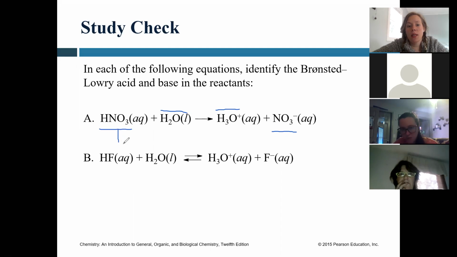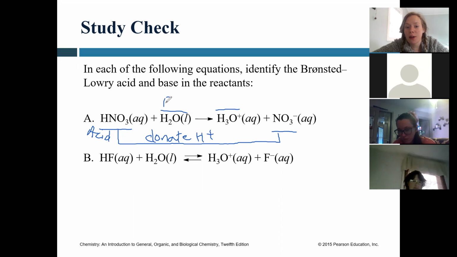Figure out what you have to do to become your product. Here, this thing has to donate an H plus. Donate H plus means that this is an acid. Once you've figured out the acid, you can automatically go, that's the base. But conceptually, it has gained or accepted the H plus, which makes this thing a base.